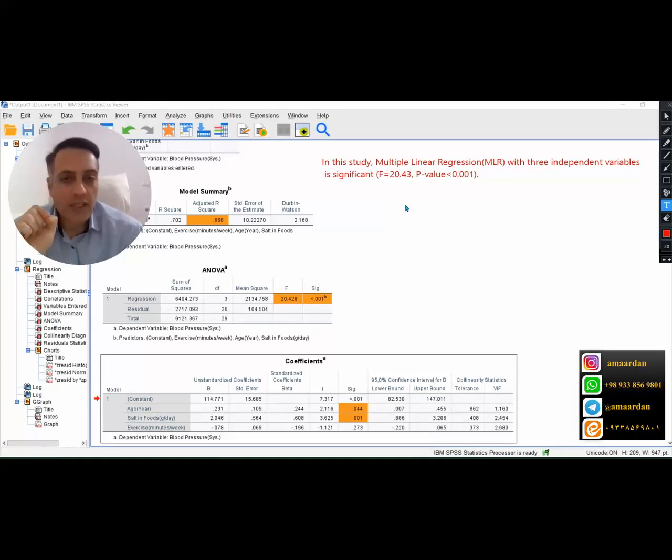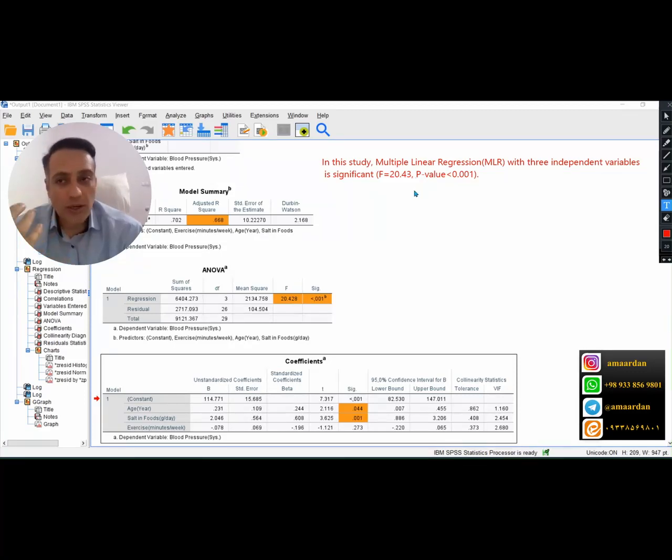The first sentence in your report is that in this study, multiple linear regression with three independent variables is significant. And in parentheses, you need to write the F value and p-value of your model.